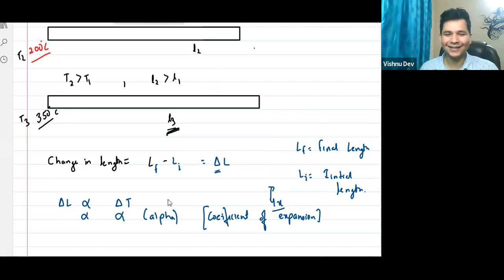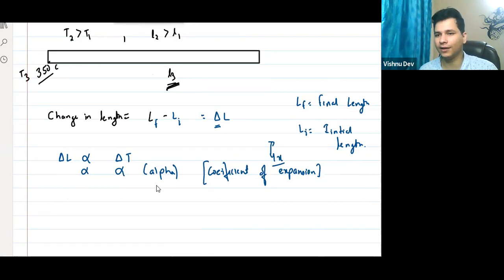Okay, let's go. So alpha is basically a coefficient, right?